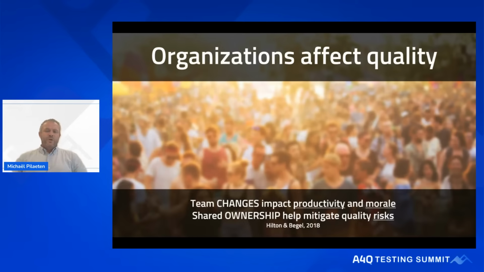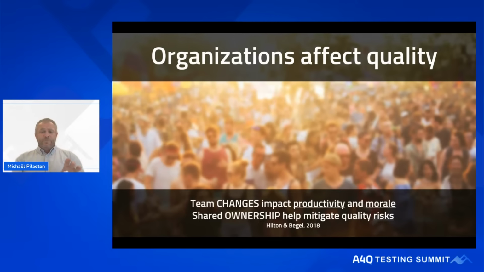So the better you know your team, the easier it is to identify the person with the right knowledge, the lower the need for documentation. But also practices like shared ownership, code ownership, test ownership, documentation ownership help mitigate certain quality risks.